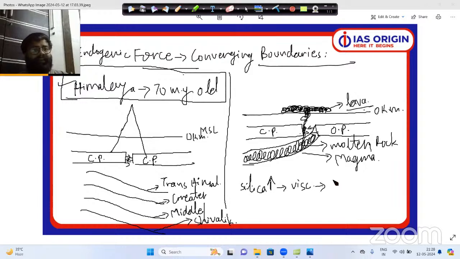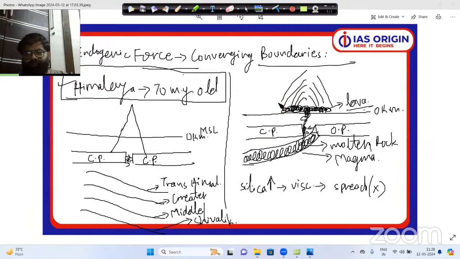And if the viscosity of lava is very high, this lava will not spread that much. That means this lava will be getting deposited over and over here. So this lava will take the shape of this particular formation, and as you can see here, it is taking the shape of a mountain.